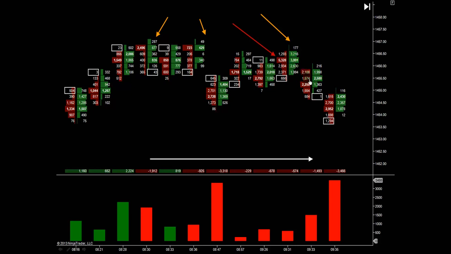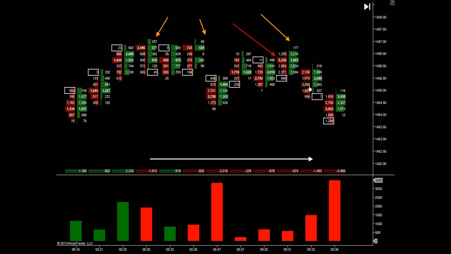Because if you wait for the sellers to step in, you're potentially going to be shorting in the middle of this range. So when you start to look at order flow, it's great to see sellers step in and it's great to have that additional confirmation, but you can't just put good trade location to one side because you're using order flow. You do have to combine this with actually entering in a decent place.